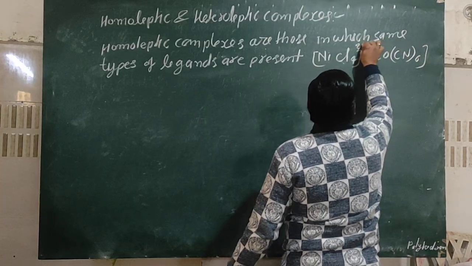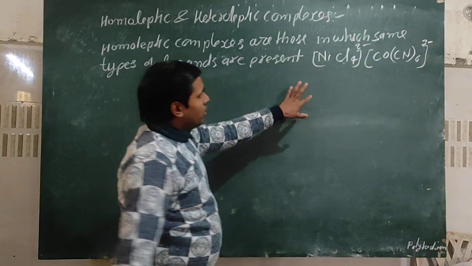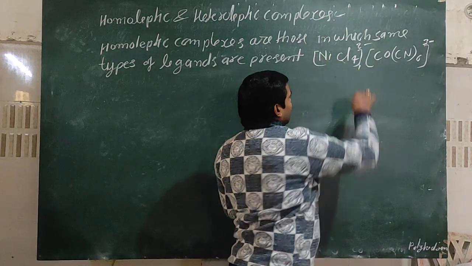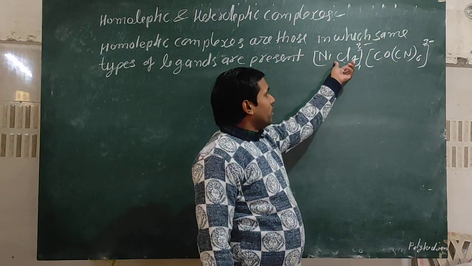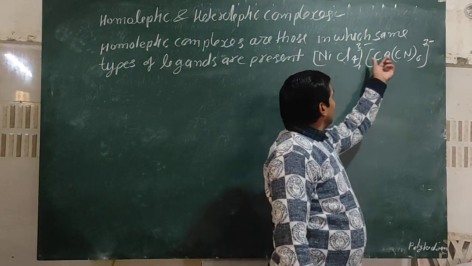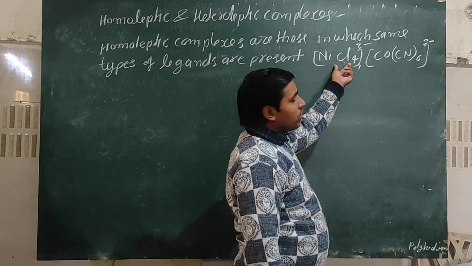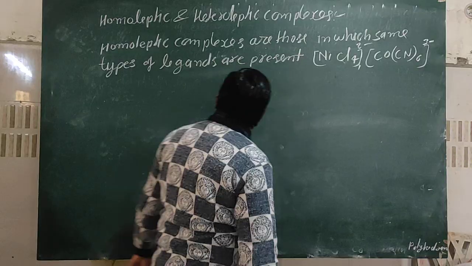In both these complexes, the ligands are the same: all the ligands are Cl in one and all the ligands are CN in the other. If the ligands are similar and not different, then it is known as homoleptic.